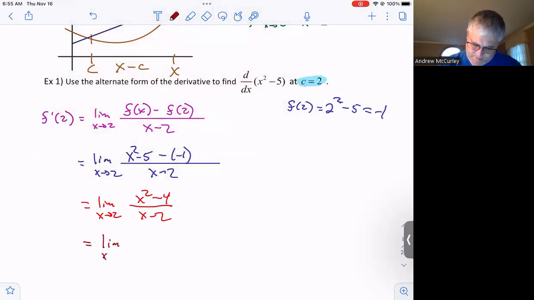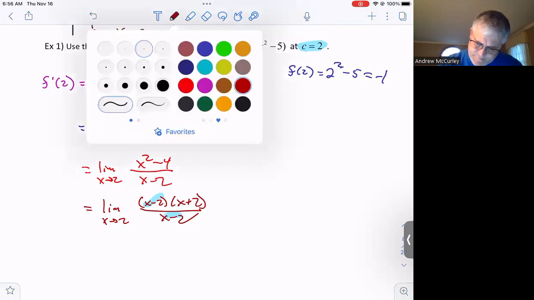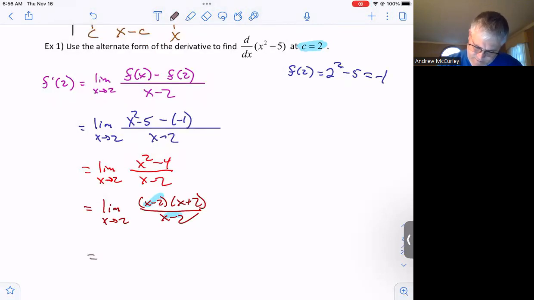So it is x minus 2 times x plus 2, all over x minus 2. We can cancel these out. I get the limit as x approaches 2 of x plus 2, which is just 2 plus 2. Without even taking my shoes off, that's 4.